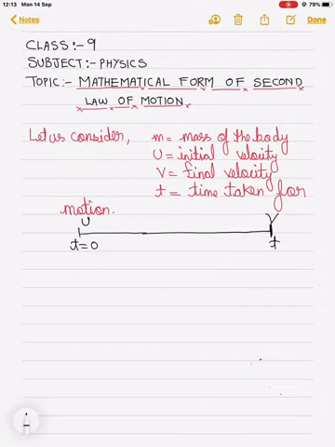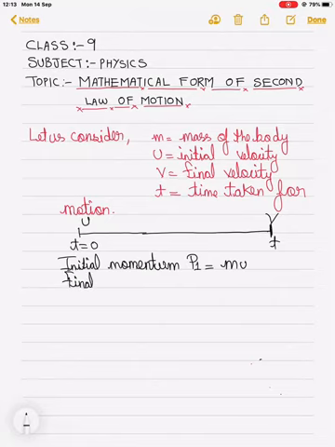Now we have to calculate the change in momentum. So the initial momentum is represented by P1, which is mass times initial velocity. Similarly, for final momentum, that is P2, which is mass times final velocity.